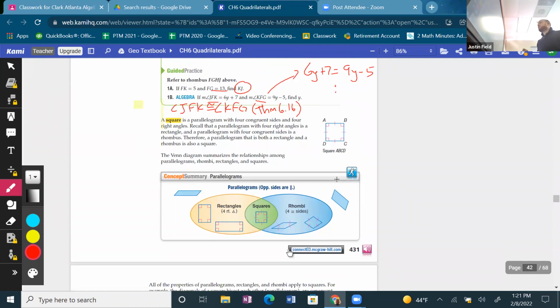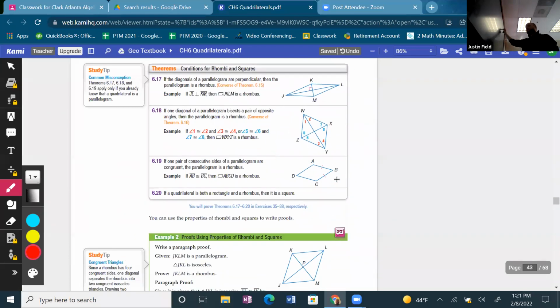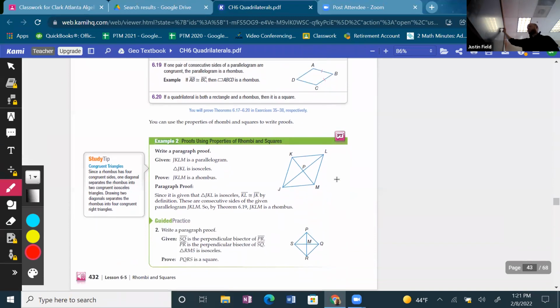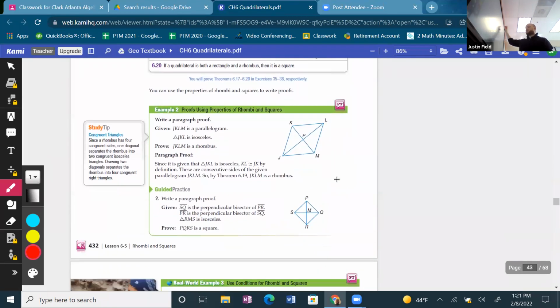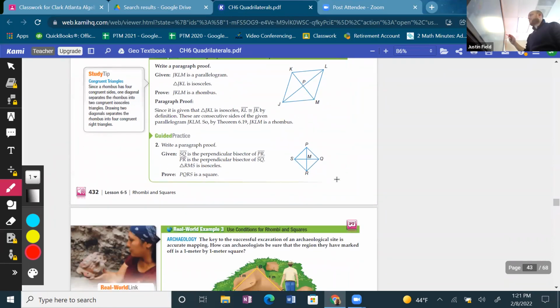The square is a parallelogram with 4 congruent sides and 4 congruent right angles. All right. Now, here's where I got stuck for a second, but I shouldn't have. Okay, we're going to write a proof that SQ is the perpendicular bisector of PR.